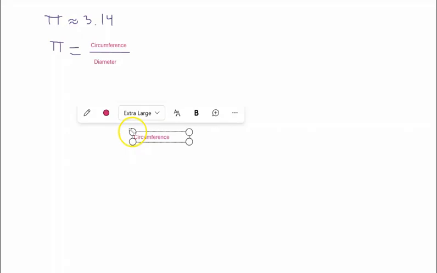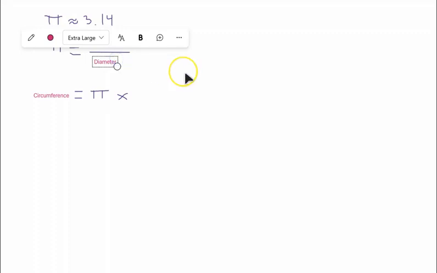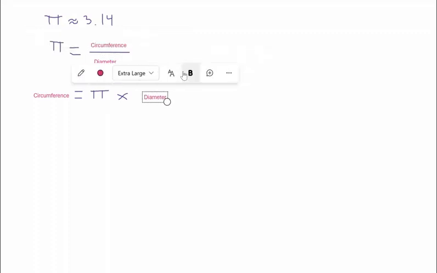And we also know here that pi equals circumference over diameter. We can also look at it in different ways. Like we can write out that circumference is equal to pi times our diameter.